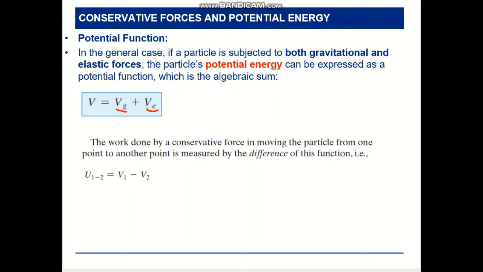The work done by a conservative force in moving the particle from one point to another is measured by the difference of this function, which is the change of the path, like from 1 to 2, the energy is equal to the first potential energy minus the second potential energy.